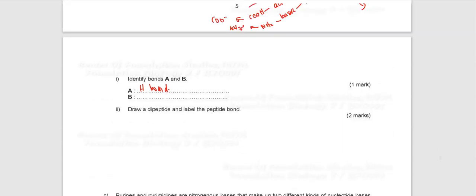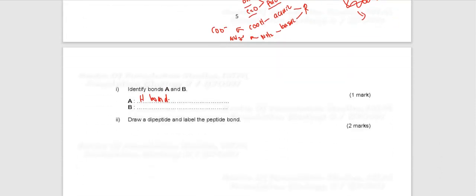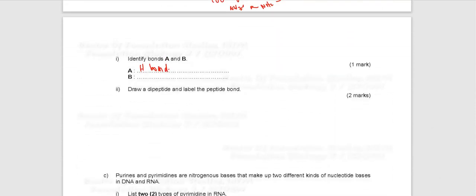In this case, the question did not give a specific structure of amino acid, so you can draw any structure of amino acid, or you can draw the basic structure of an amino acid. You have to know how to draw it. You have to memorize the structure of an amino acid.